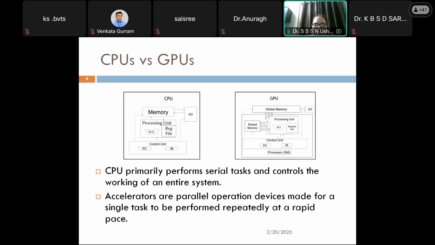Accelerators are parallel operation devices made for a single task to be performed repeatedly at a rapid pace. Only tasks that can be parallelized can be assigned to the GPU.